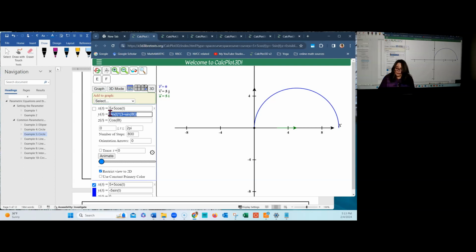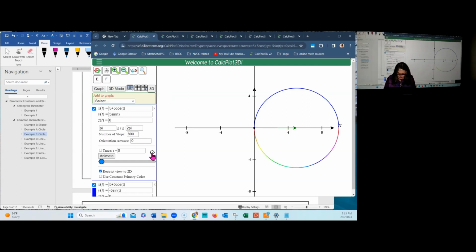The y value is going to be 5 sine of t. And again, make sure you have parentheses or it won't recognize it. Z is going to be 0 because I'm plotting in the plane. And I want to start at pi and go to 2 pi. And now I need to hit enter so it will plot.